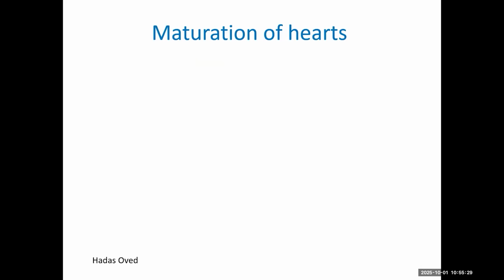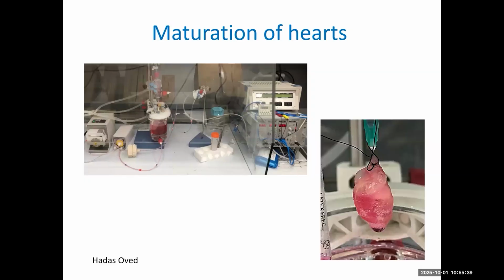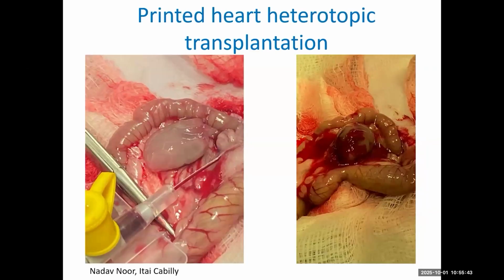What we needed to do next was to mature them, or teach them how to speak with each other on the electrical level. So we did it with bioreactors. We hung these hearts, perfused them, and provided electrical stimulation. We also took these hearts and ectopically transplanted them into animals, in parallel to the heart.